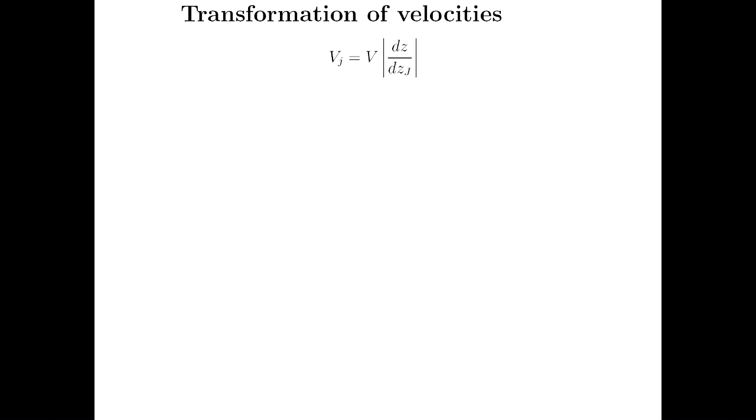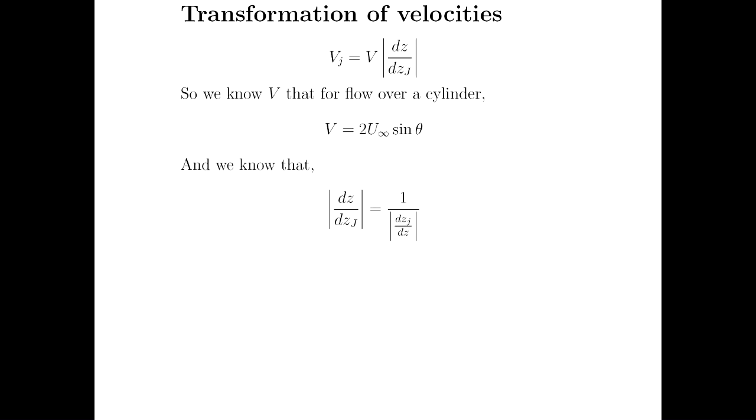Just an example here. If we have a flow over a cylinder, we know that V is just 2 u infinity sine theta, which is just our azimuthal velocity. There's no radial velocity. And we know that the magnitude of dz over dzj is just equal to 1 over dzj over dz.